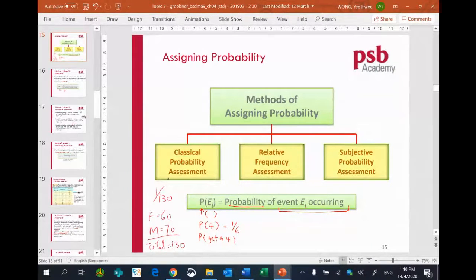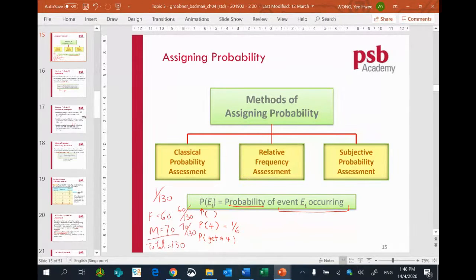So if there are 60 female students, what's the chance I pick a female? It will be 60 out of 130. What's the chance I pick a male student? 70 out of 130. So this is also classical probability assessment because the probability is fixed already. You don't need to run an experiment to find out the chance I will pick a male student.